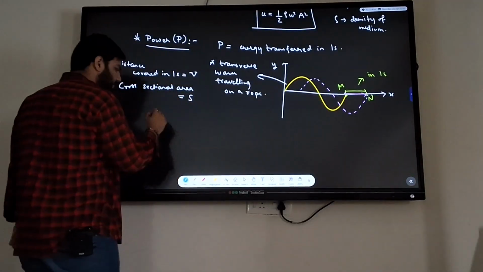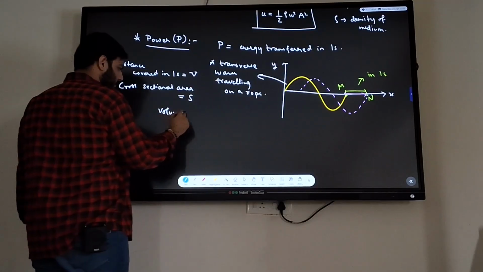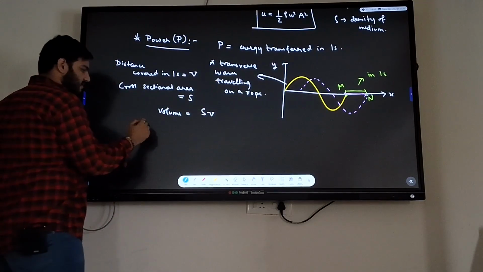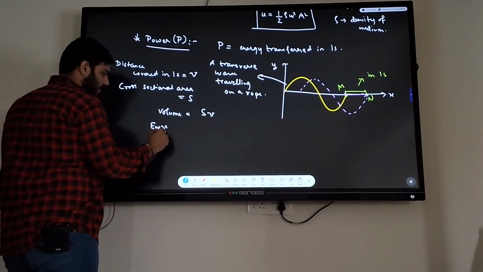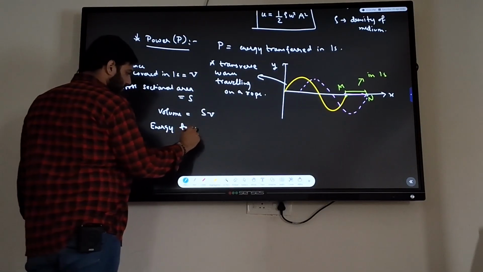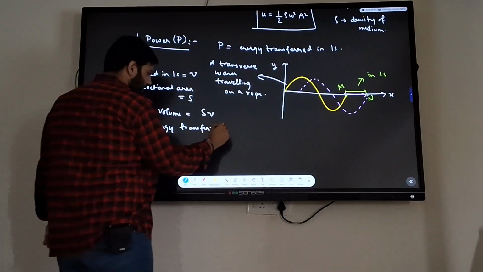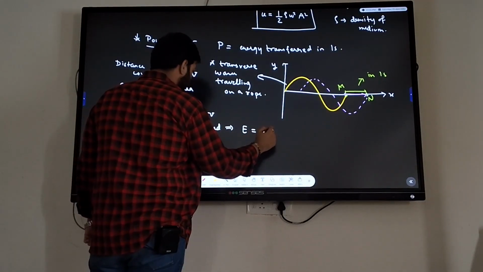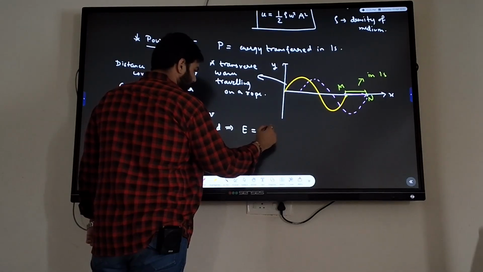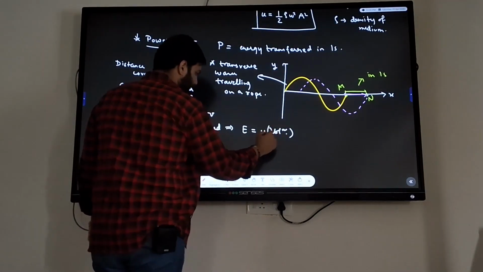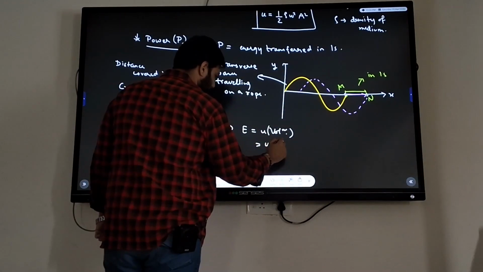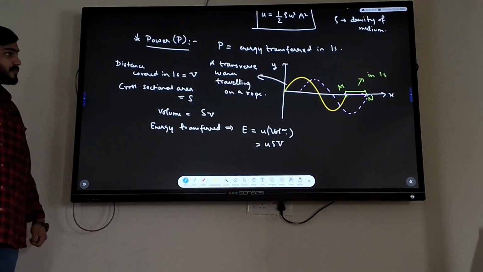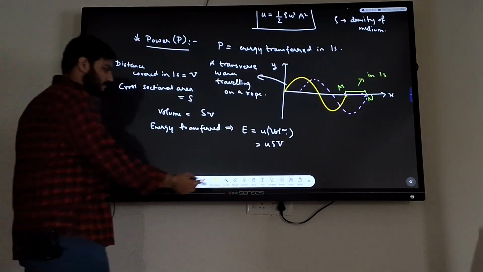So volume is equal to S times v. Then what was energy? Energy transferred E is equal to U into volume, and that will be USv. Is it okay?